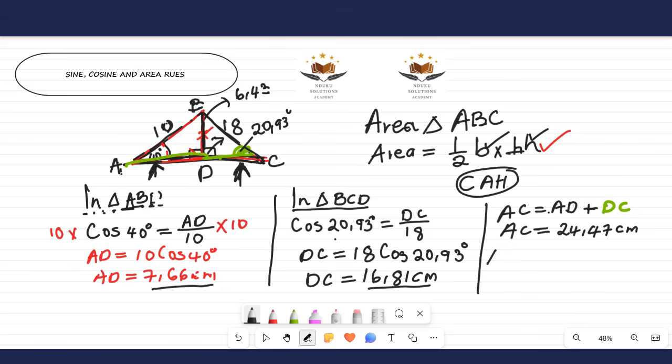We substitute and say the area will simply be 1/2. What was the base? It's the one that we just found, 24,47, multiplied by the height, the BD that we found. Remember the BD that we found? Our BD will simply be 6,43.